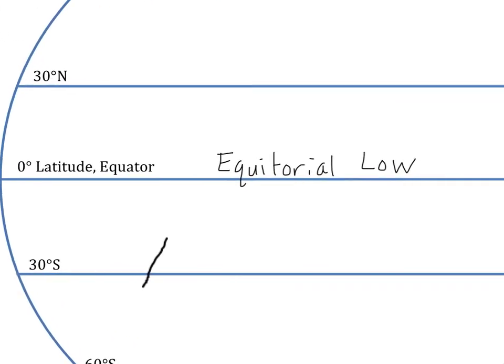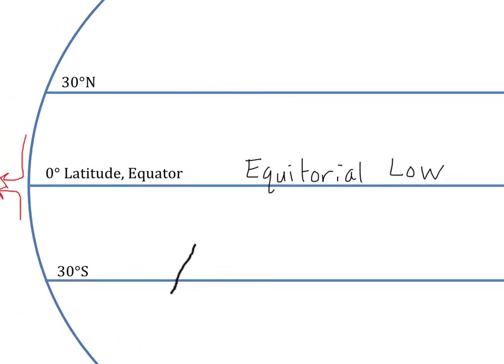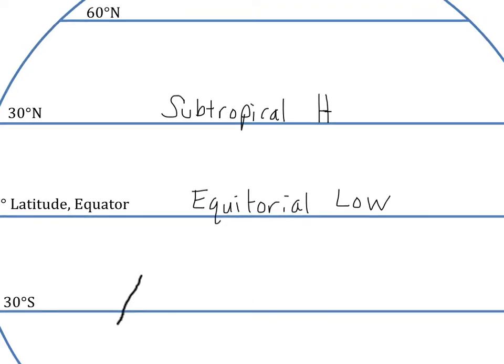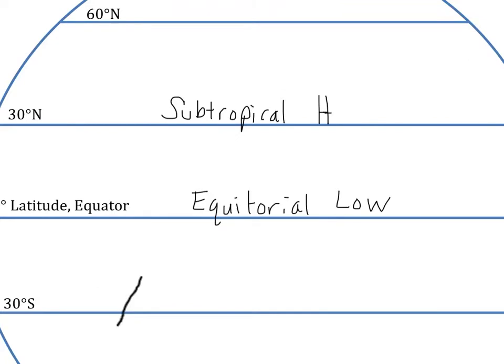Now, on either side of the equator, we have then the opposite going on at the 30 north and 30 south latitude. Those are called subtropical highs. It's subtropical because it's just outside of where the tropic zones are, so hence subtropical high.